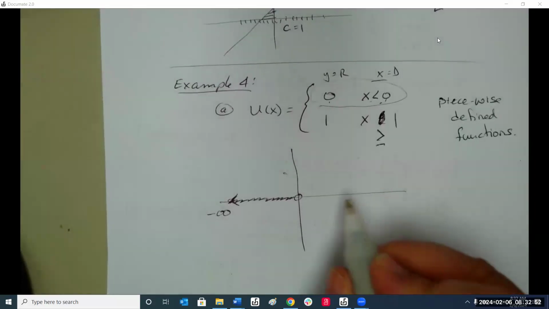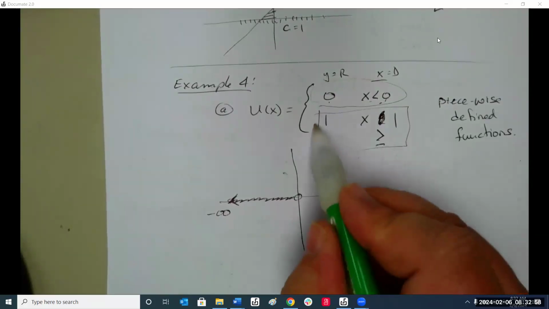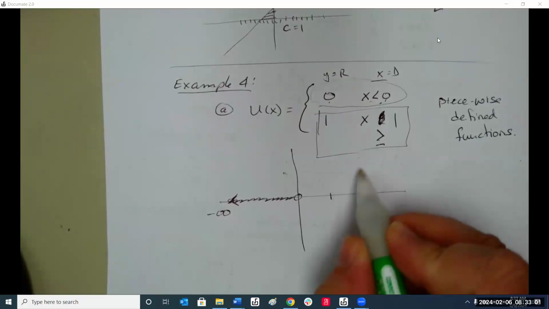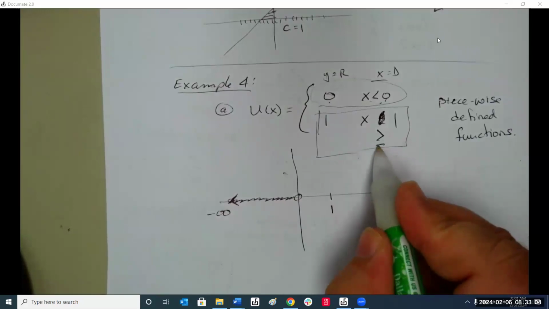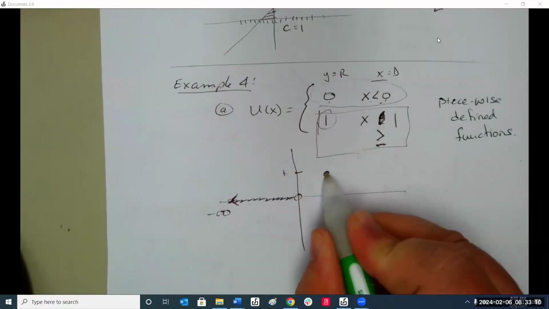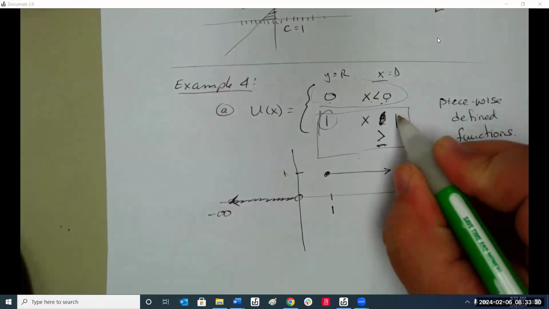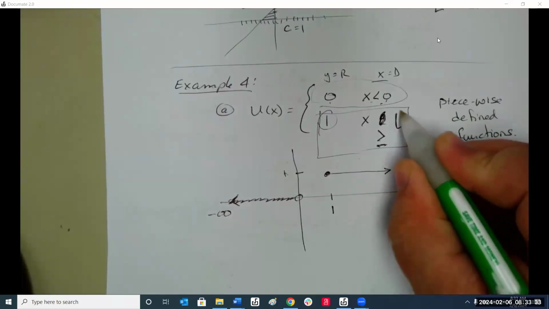So it's got to be greater than. So the second piece says whenever x is equal to or bigger than 1, the answer is 1. What if we had, instead of 1, what if we go back all the way down to 0?